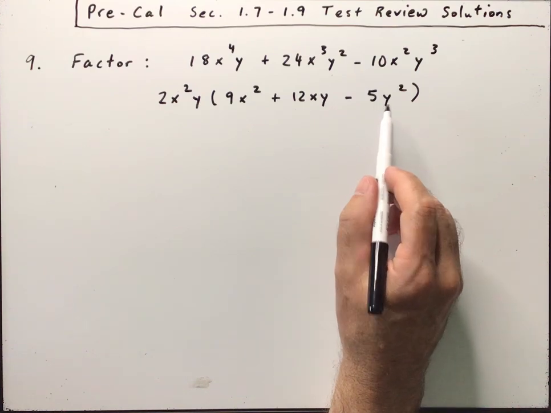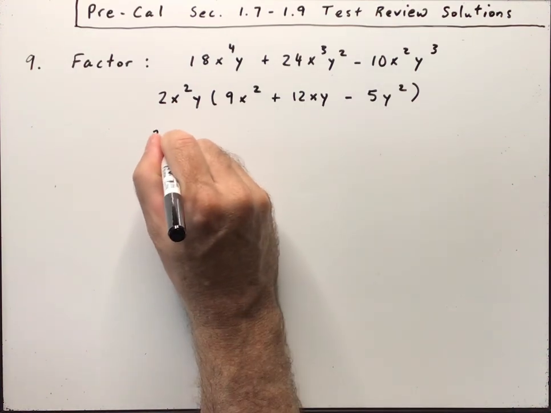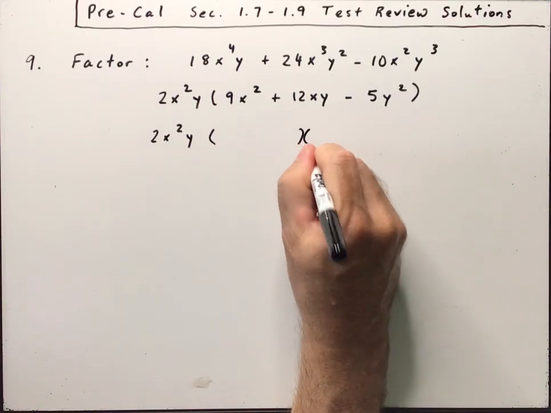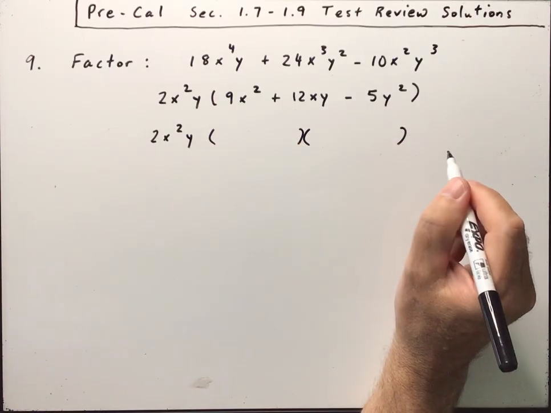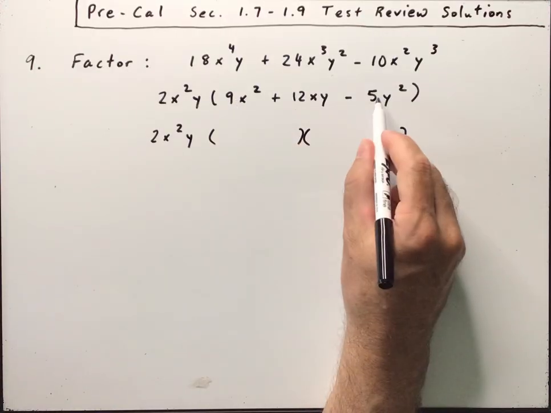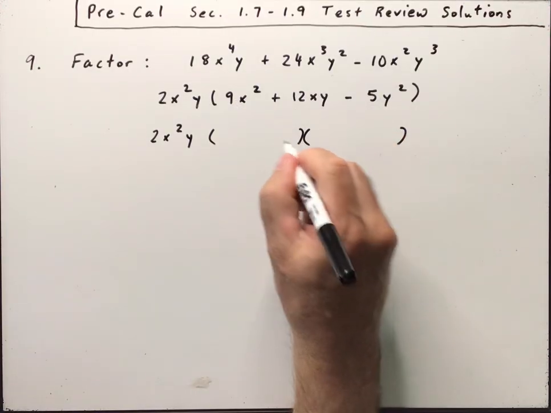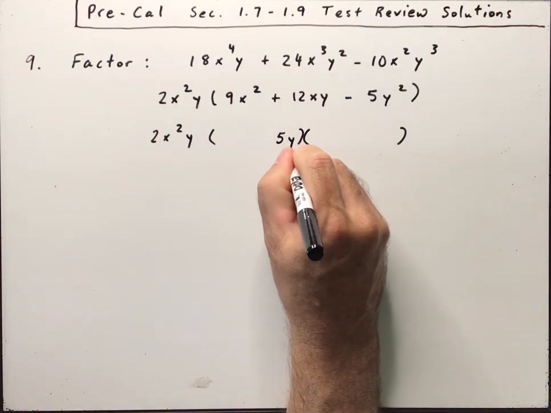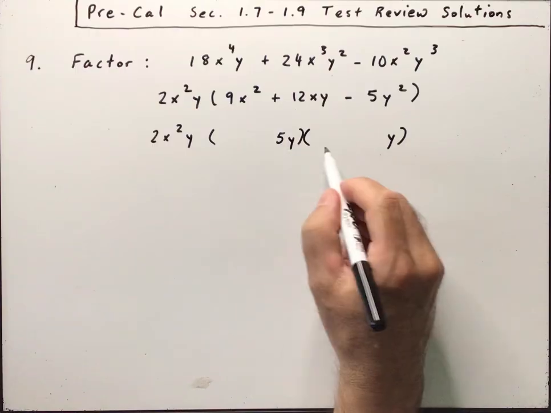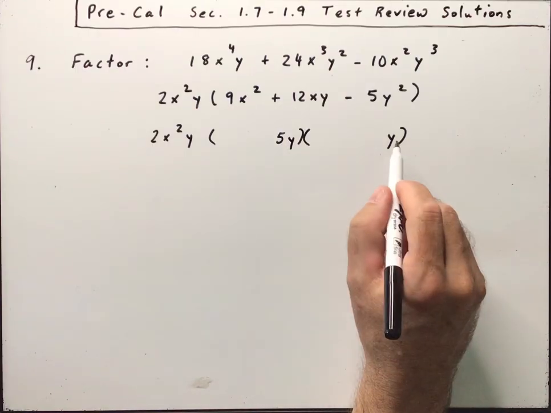So now we're going to have to try to factor by trial and error if we want to factor completely. There's a couple of options for 9, but there's only one option for 5. That's a prime number. So I'm going to put 5y and y. So that's half the puzzle.